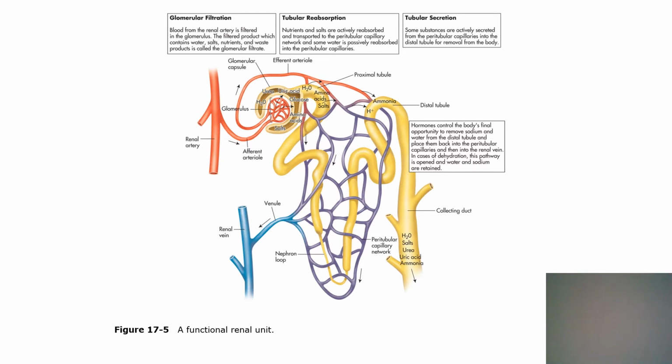But if we have some dehydration, some of the water and sodium may be retained so that we don't continue to have further dehydration. Elderly consideration with the renal system: they have decreased renal blood flow. Again, from that 1% rule.